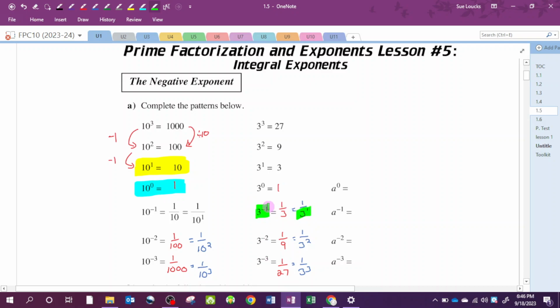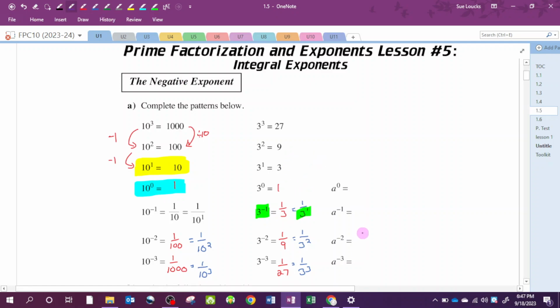The absolute value stays the same: if it was -1, it becomes 1; -2 becomes 2; -3 becomes 3. So the sign changes when you move it into the bottom, okay?